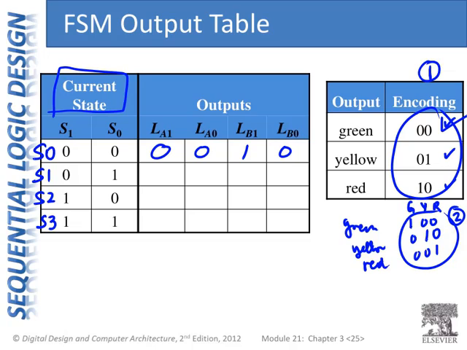In the S1 state, LA is yellow, 0, 1, and LB is still red. In the S2 state, LA is red, and LB is green. In the S3 state, again, just from our state transition diagram, LA is still red, but LB transitions to yellow.